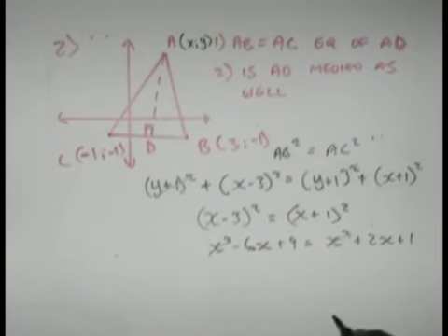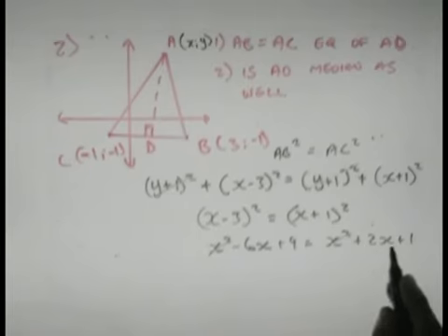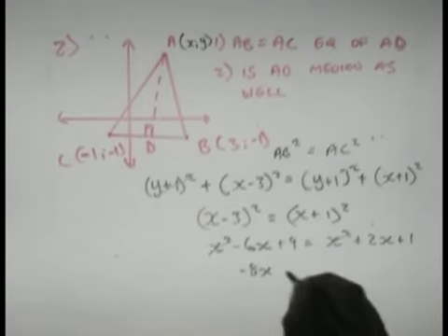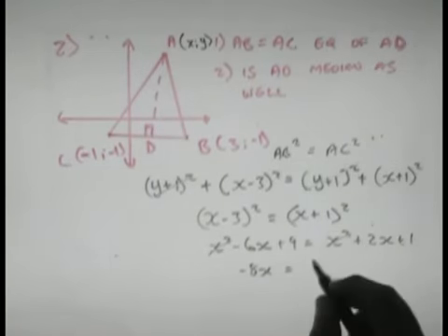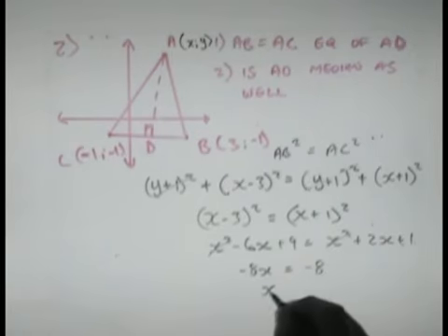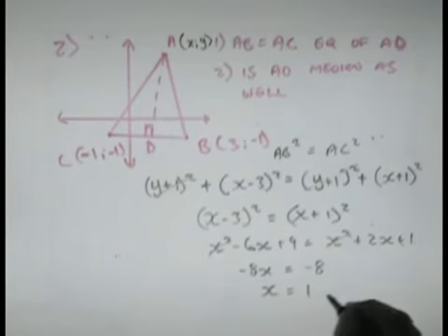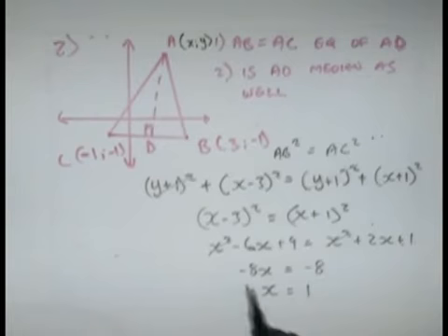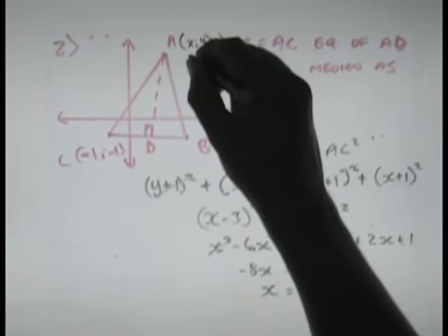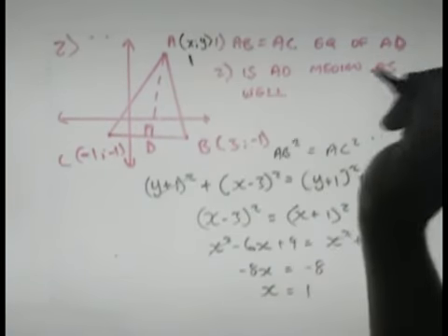X squareds on both sides cancel. Minus 6x minus 2x is minus 8x is equal to 1 minus 9, which is minus 8. That means that x is equal to negative 8 divided by negative 8, which is positive 1. X is equal to positive 1.